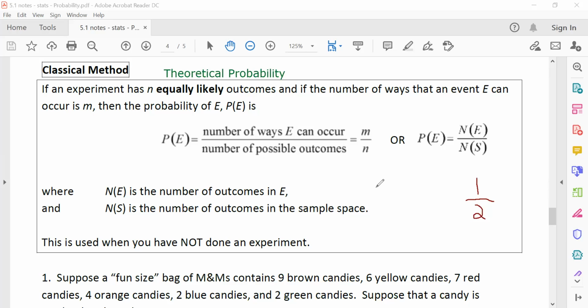If you roll a standard 6-sided dice and not a pig, there's going to be 6 possible outcomes. If you want to know the probability that you get a 2 or greater on the dice, well, you got a 1, 2, 3, 4, 5, 6 on the dice. So count up the number of outcomes that are 2 or greater. 2, 3, 4, 5, 6. I counted 5 total outcomes. Does that sound about right?